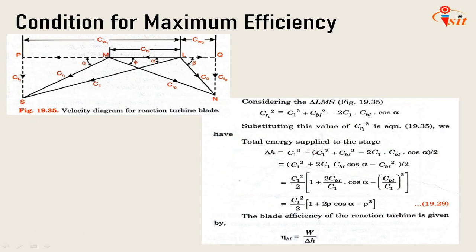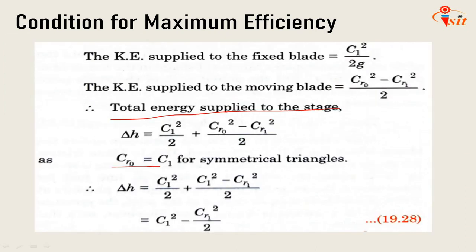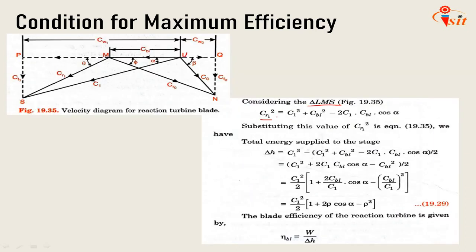Now considering the figure, delta LMS, so L, M and S, this triangle, okay, so CR1 square equal to C1 square plus CBL square minus 2 C1 CBL cos alpha. Okay, so from this delta LMS we have calculated CR1 square, as we need to substitute here in delta H. From the velocity diagram we have calculated this value.